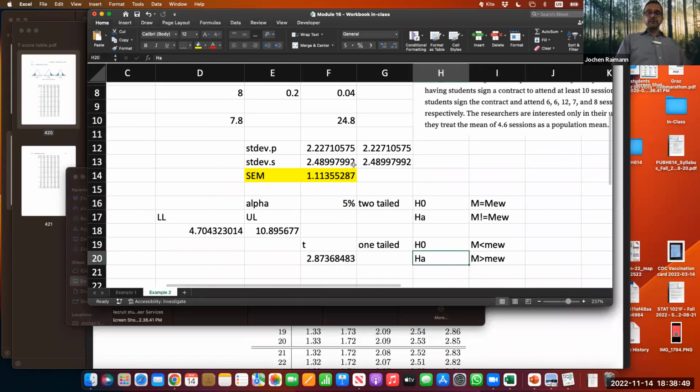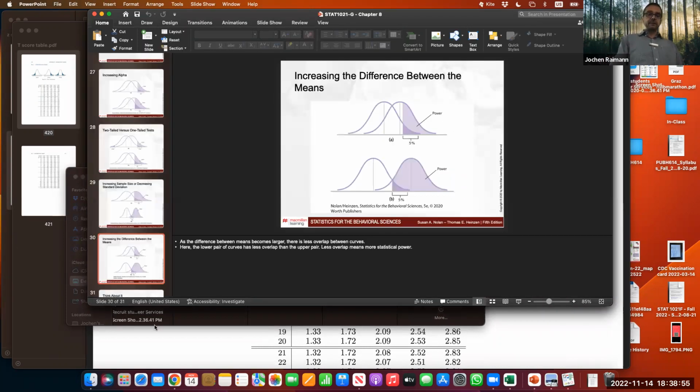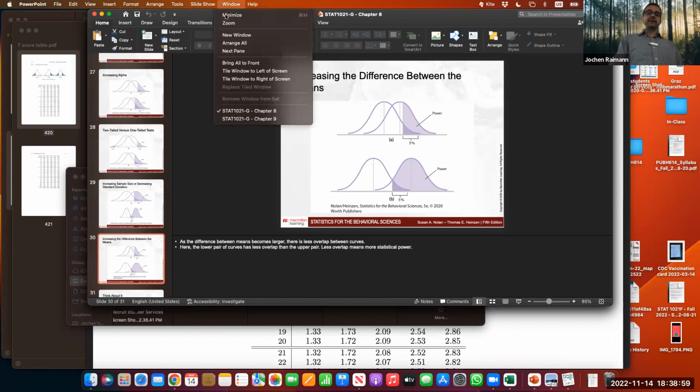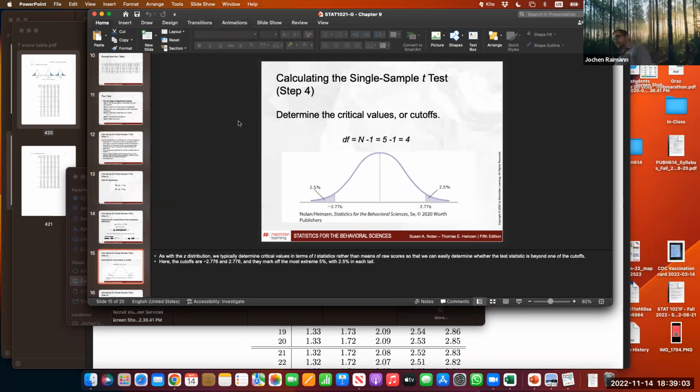Okay, so this is conceptually important to keep in mind. So we are rejecting now the null hypothesis, and thereby we're basically getting a significant treatment effect by having students sign a contract to attend the counseling sessions. So if they sign this contract, they're actually more likely to attend the counseling session.